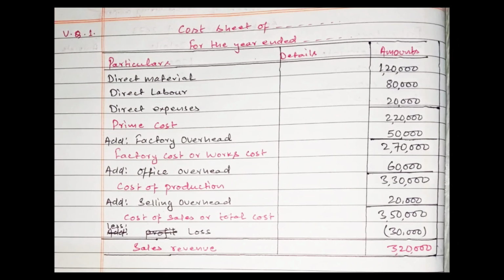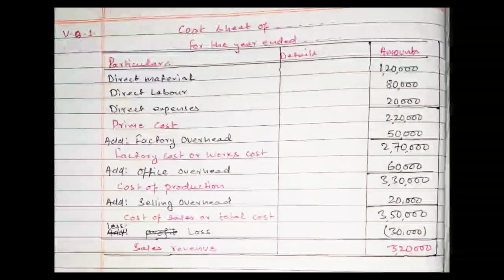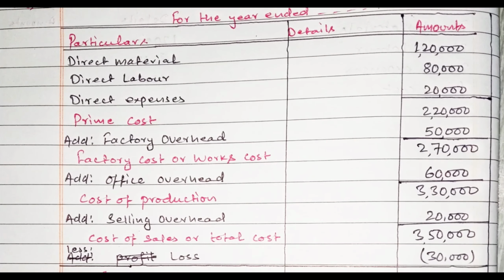This is the solution for question number 1. If we add direct material, direct labor and direct expenses, we'll get the prime cost. That amount is 2,20,000. Then we simply add factory overhead of 50,000 here. We can calculate factory cost, which is 2,70,000, and to this figure we add office overhead of 60,000.